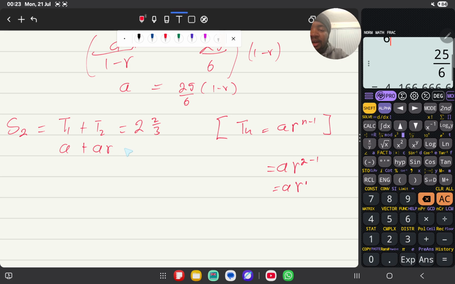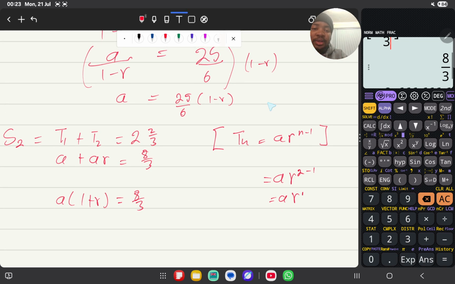So here you have a r. And then we can do our thing here with the calculator. You have 2 over 3, that is 8 over 3. Let me now take out a: a times 1 plus r equals 8 over 3.